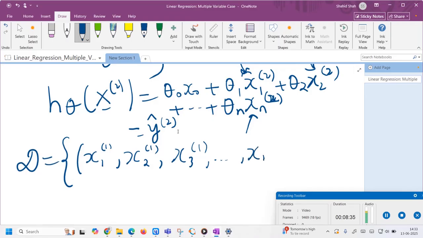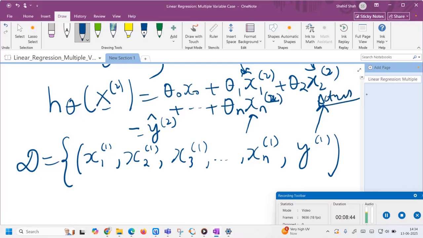And finally we have xn, this is the CGPA, and y1 is the output. This is the real actual CTC of a previous student. So the data set contains the data of previous students who have already got job offers.